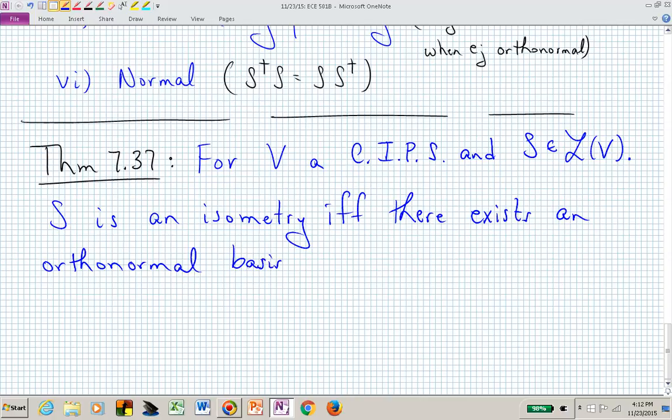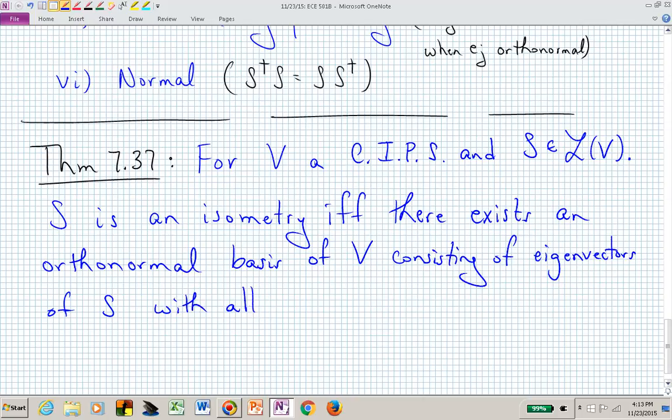an orthonormal basis of the vector space V, and those orthonormal basis vectors of V are actually eigenvectors of the linear operator S, with all of the corresponding eigenvalues of that operator S having absolute value or length 1.